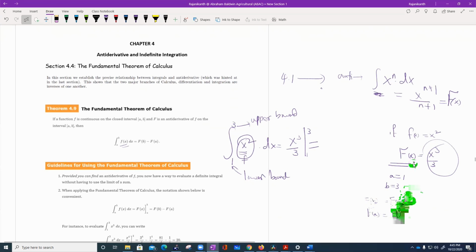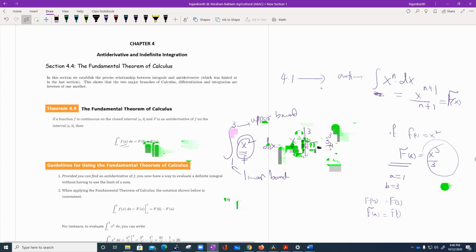In other words, I'm asking you to evaluate the antiderivative answer at the upper bound, that is simply plugging 3 into that function, so that is 3 cubed over 3. Then subtract, again plugging the lower bound of the given problem into your antiderivative.